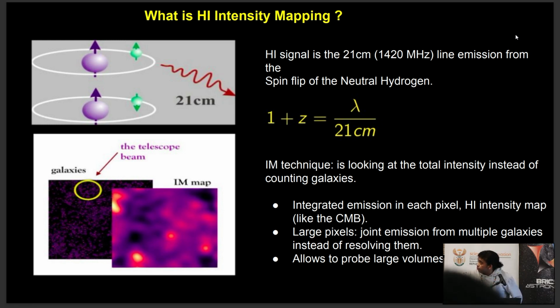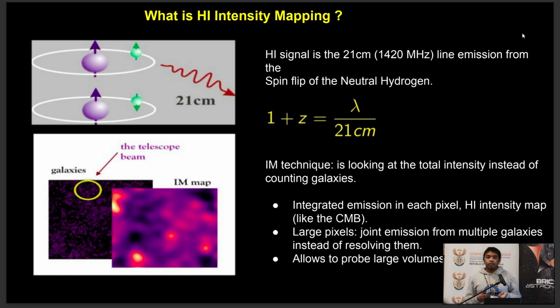Instead of looking at the source, galaxy by galaxy, we get a large pixel, which is like a CMB map for those of you who are familiar with it. Hence, it's an integrated emission line from the galaxies.